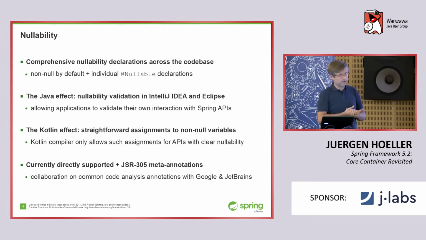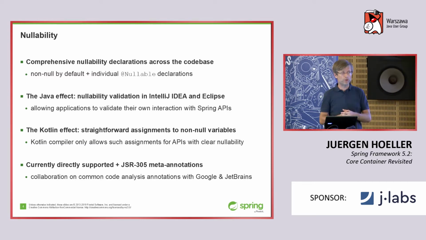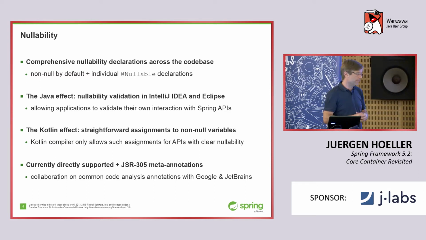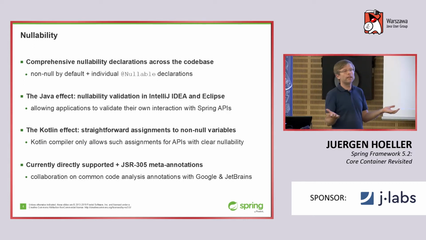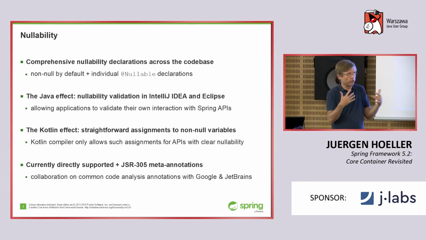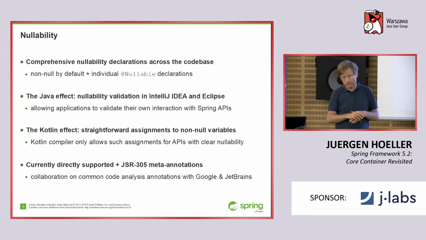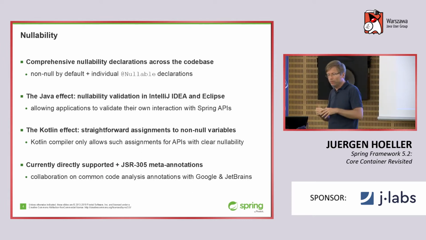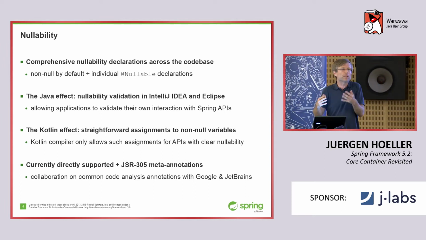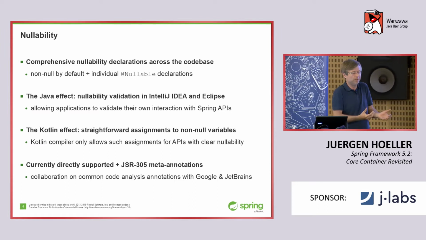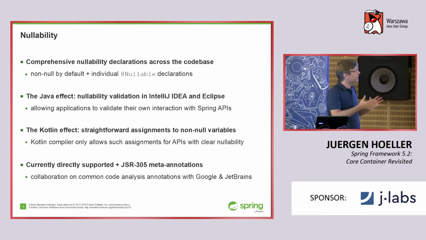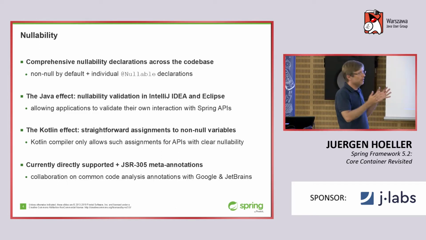Another important effect is with the Kotlin language, with the Kotlin compiler. In Java, basically, there is no nullability in the language, no formal non-null declaration in the language. We just use annotations and some tools to help us out. In Kotlin, there is nullability in the type system.